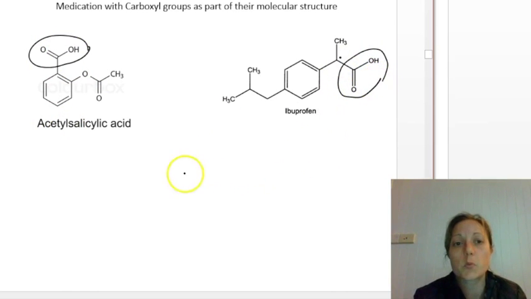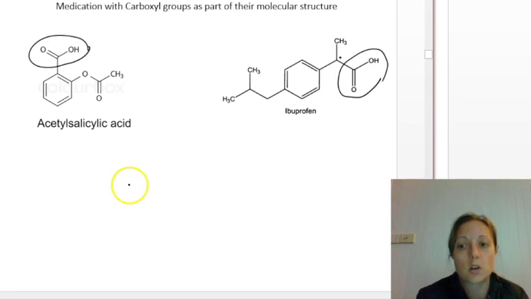And that's really handy because that means that we can make these water soluble. So if we can turn both of these into the ion form, we can have these quite non-polar, so we've got quite a lot of non-polar groups in both of these molecules, and what we can do with them by turning them into the ion form is make them soluble, which makes it a lot easier for us to digest, and it means it'll take up quicker into our system.